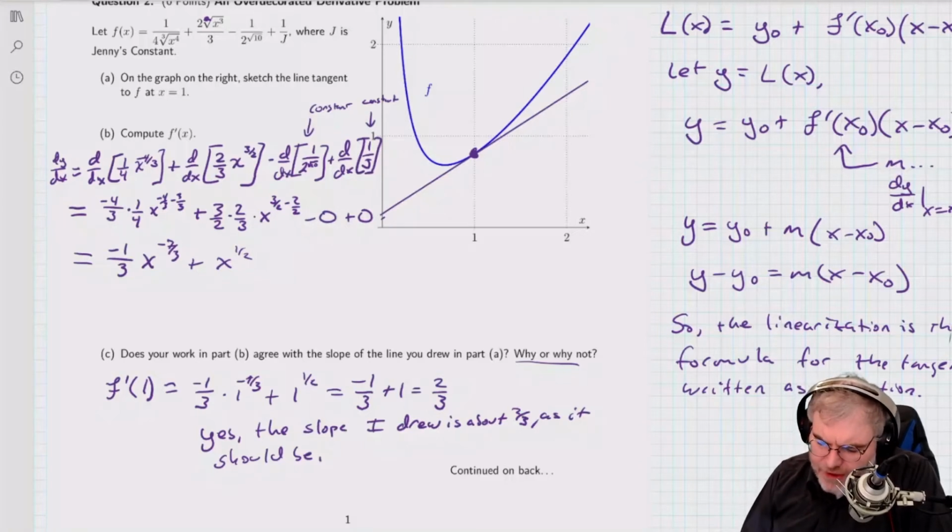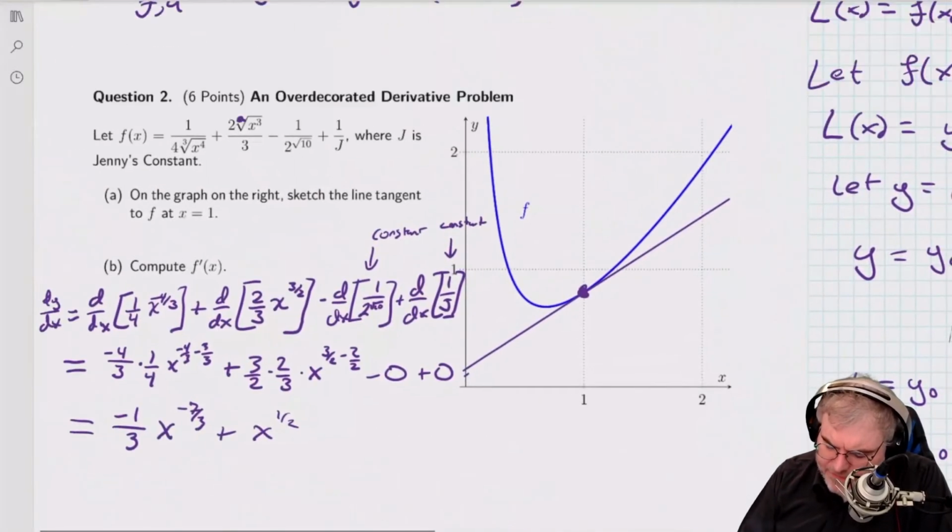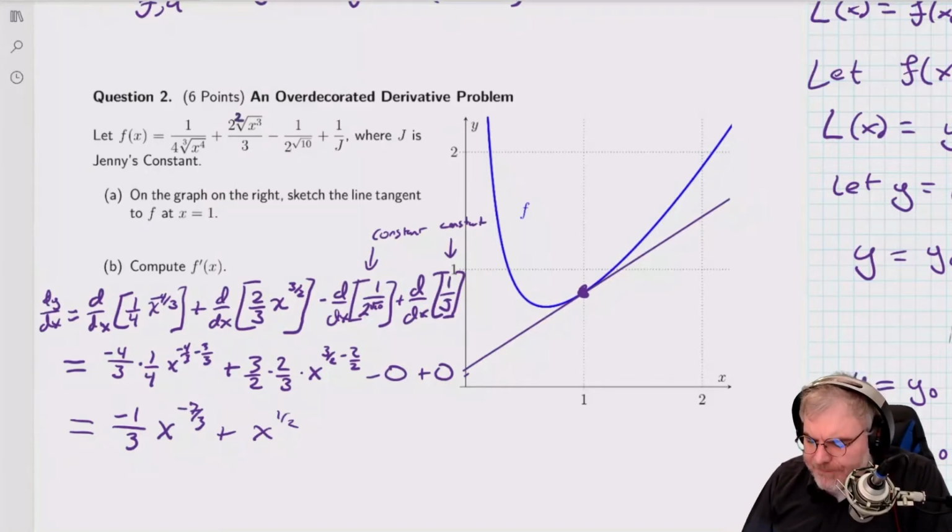So these over-decorated problems are a popular thing to make you do, and I even messed it up, right? I mean, this should have been x to the 3/2. I even messed it up. So if you're messing them up, you might want to do this in more than one step.